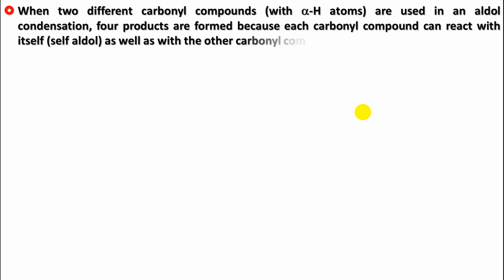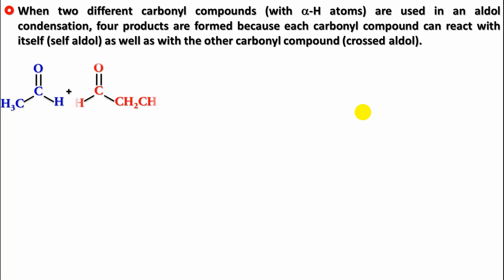The ones in which A combines with A and B combines with B, we call self-aldol. And when A and B mix with each other, we call it cross-aldol. And even in cross-aldol, we're going to get two types of products. We can have the alpha H of, let's say, the red one going.